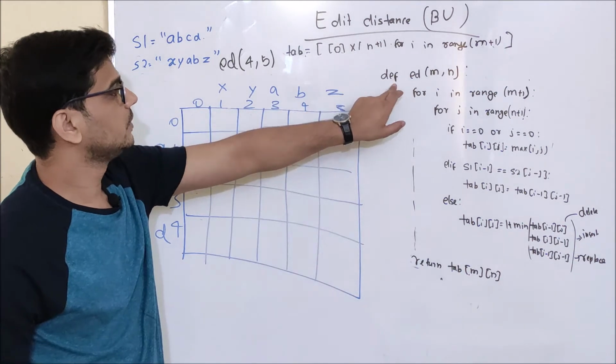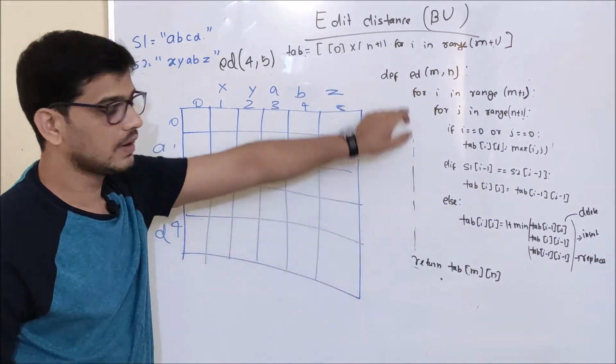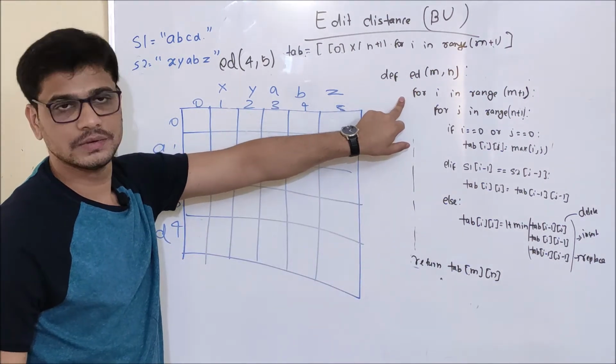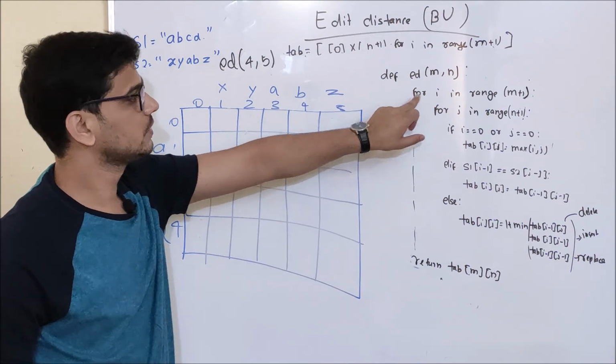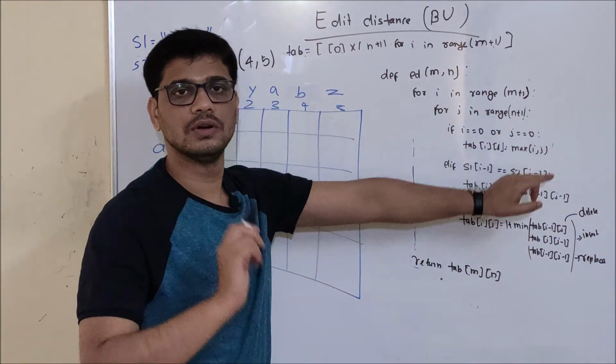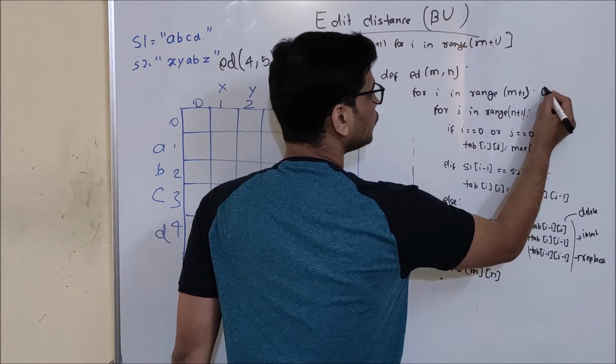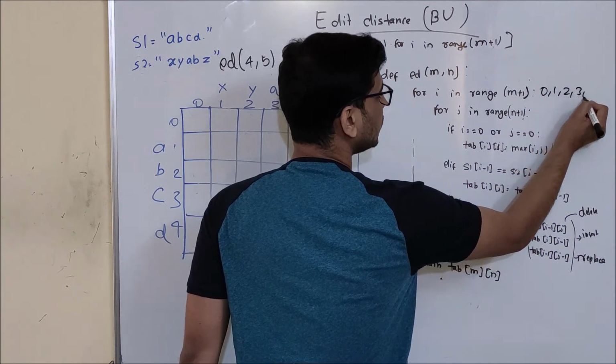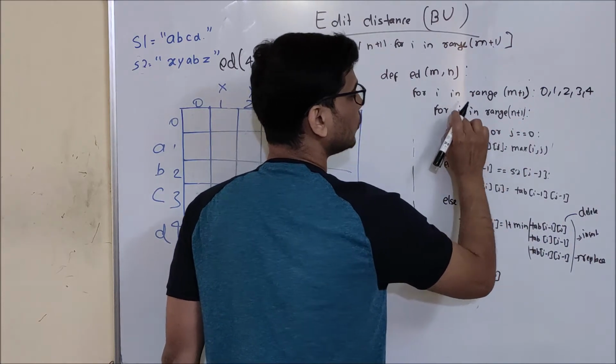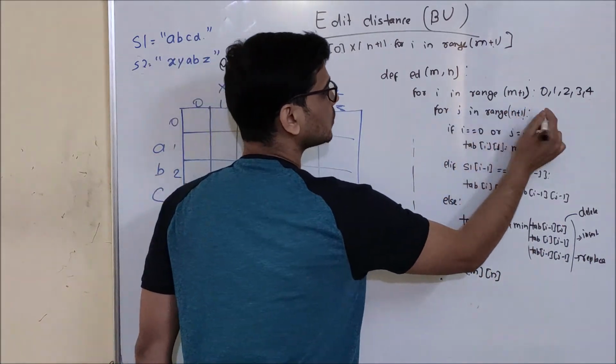Okay. Now see, what will happen here? So first of all, this for loop, for i in range m plus 1, m is 4. So this for loop will execute for i equal to 0, 1, 2, 3 and 4. And this for loop will execute for j in range n plus 1.